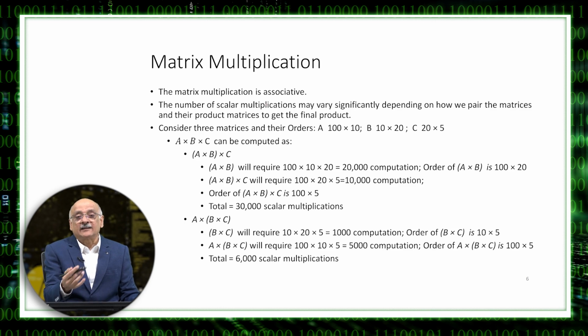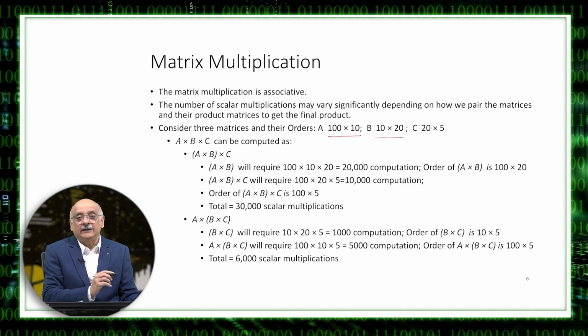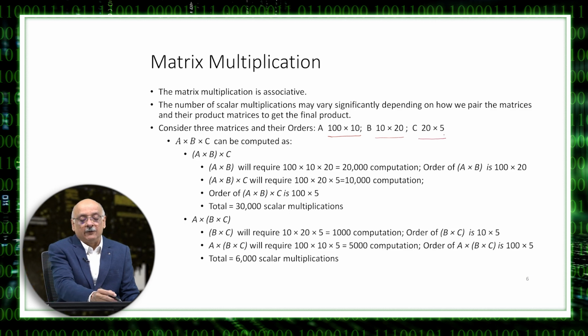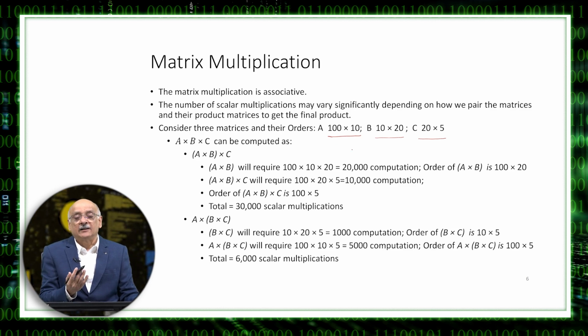So let's consider three matrices. A is of the order 100 into 10, B is of the order 10 into 20, and C is of the order 20 into 5. And we want to determine the product A multiplied by B multiplied by C. First thing first, are these matrices conformable?